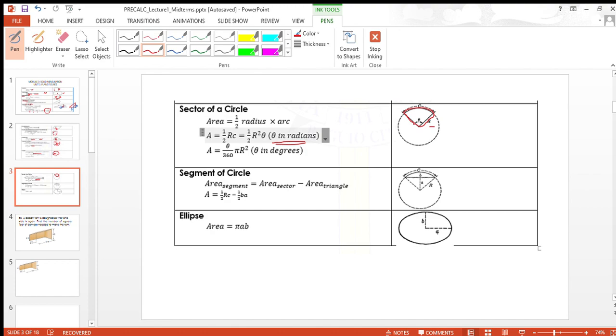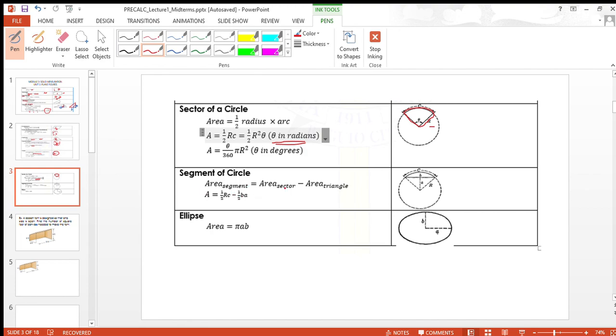But if you would like to convert the formula to degrees, just convert your angle theta to degrees, which gives us the formula: area is theta over 360 times pi r squared.